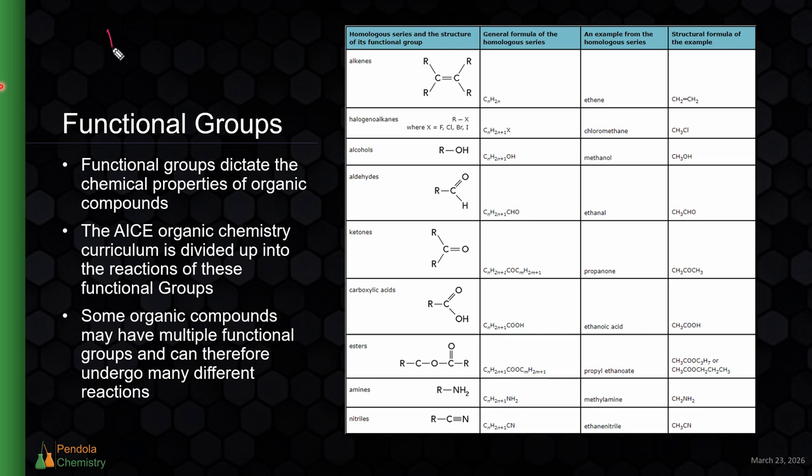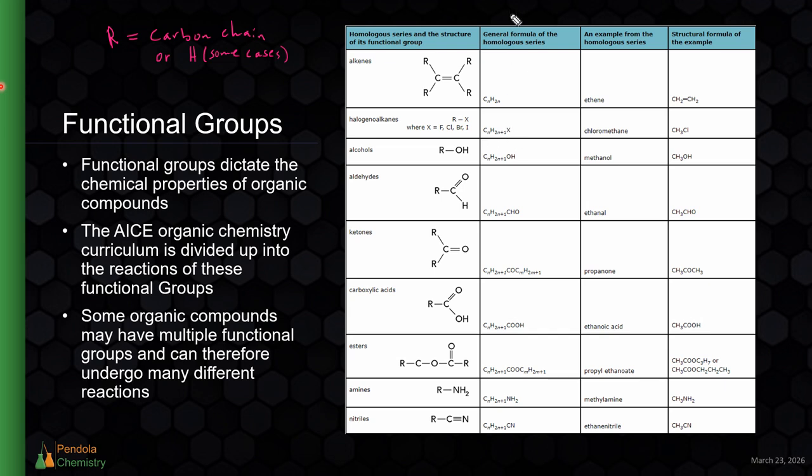R could either be a carbon chain, so a bunch of carbons chained together, or in some cases, hydrogen. So obviously this is not a case where R could be hydrogen. An alkene is a case where R could be a hydrogen. But in a halogen alkane, the halogen X, which we always represent halogens with X, has to be attached to a carbon chain. The general formula for a halogen alkane is always CnH2n+1X.